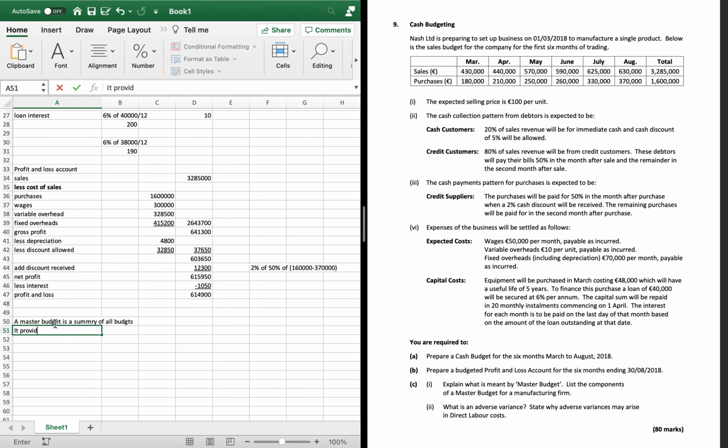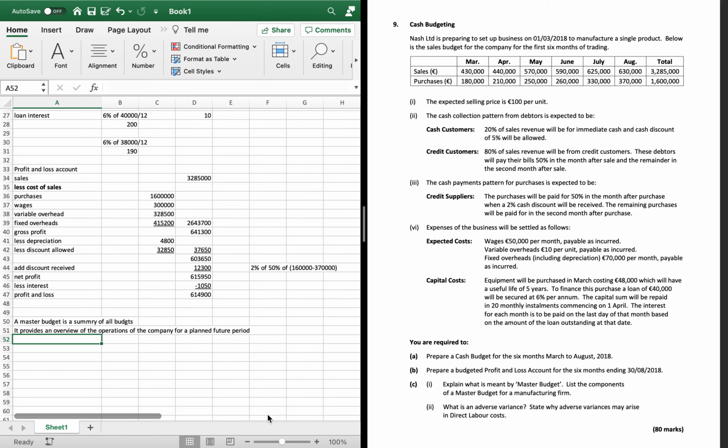It provides an overview. That's what all budgets do. Of the operations of the company for a planned future period.